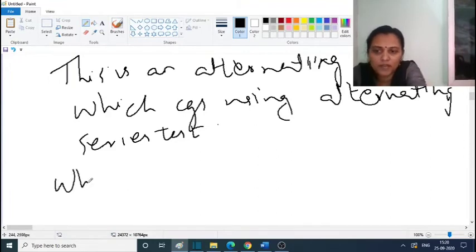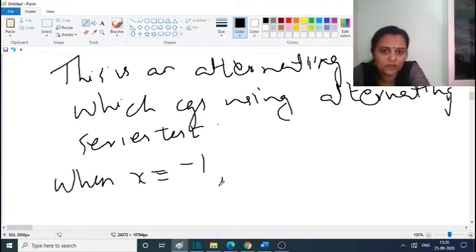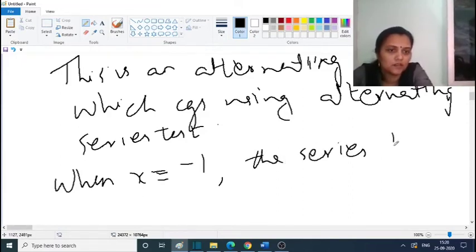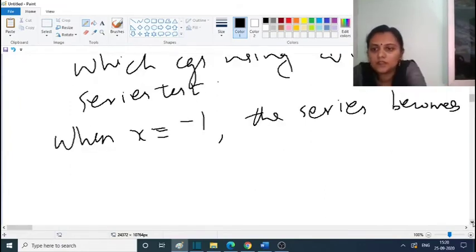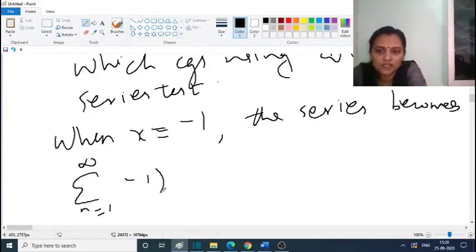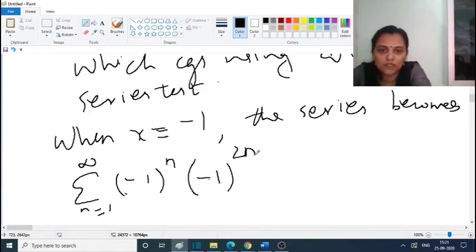When x equal to minus 1, the series becomes sigma n equal to 1 to infinity, minus 1 raised to 2n minus 1 by 2n minus 1.